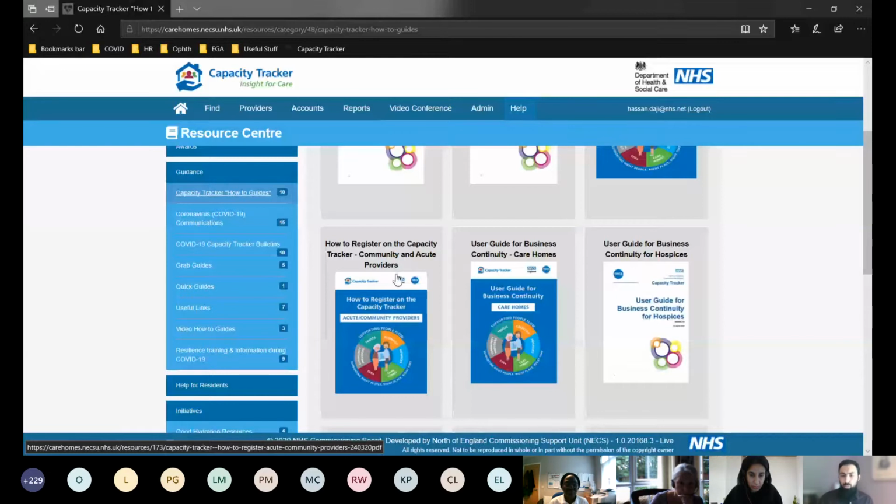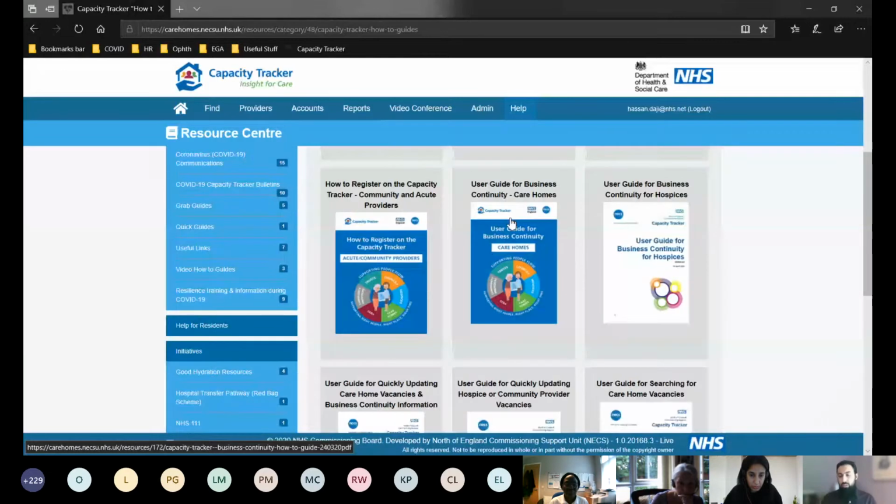That one's quite useful as well. It's very self-explanatory, goes through each box in turn to tell you what that box entails and the kind of information you need to input in there. So they're in the how-to guides.